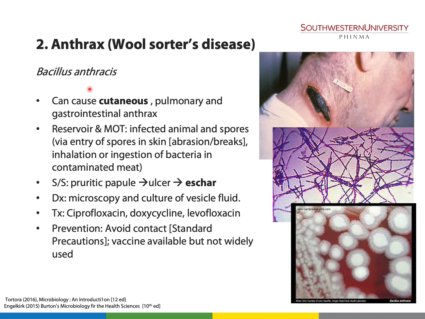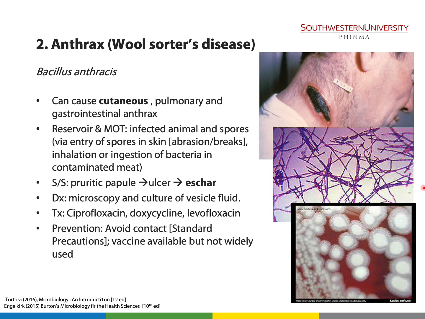As mentioned, it is encapsulated and spore forming, so one of the virulence factors of your organism is the endospores and capsule. It also contains lethal factor and edema factor, which aid in pathogenesis. Bacillus anthracis can cause cutaneous, pulmonary, and gastrointestinal anthrax.